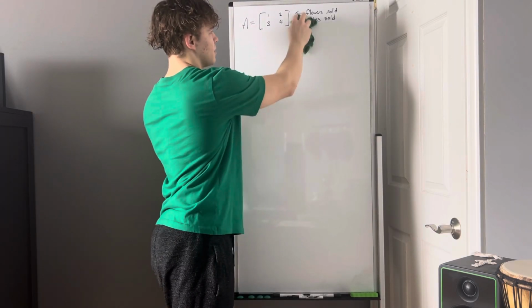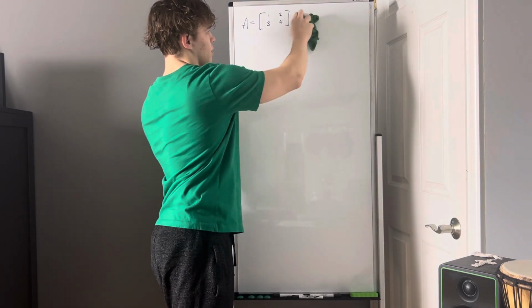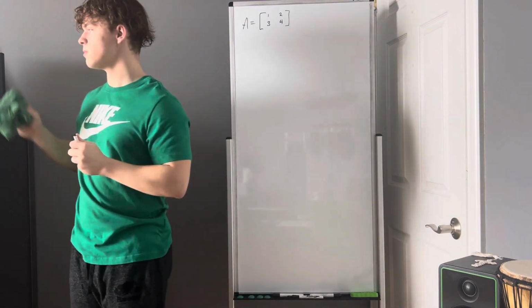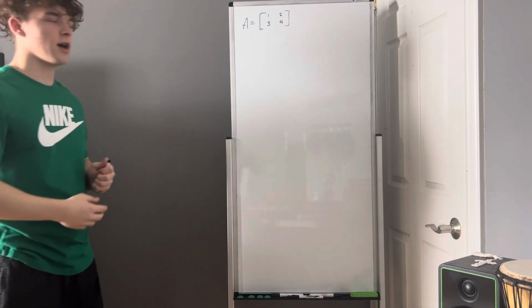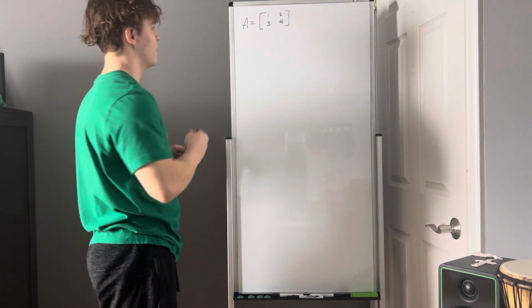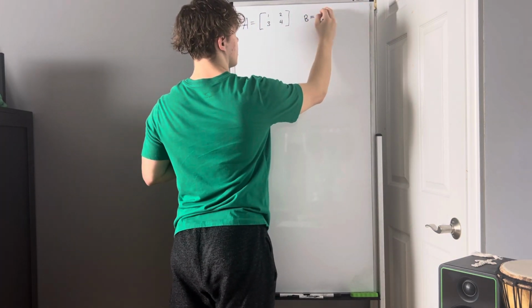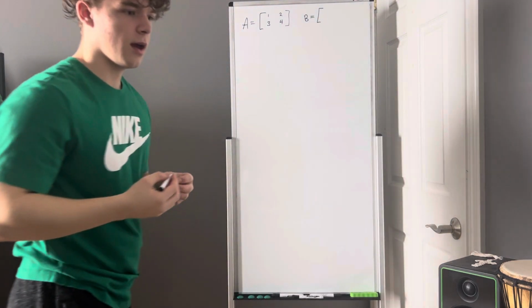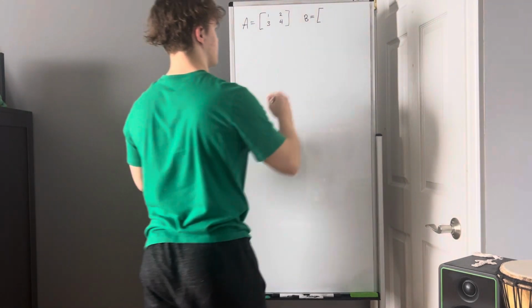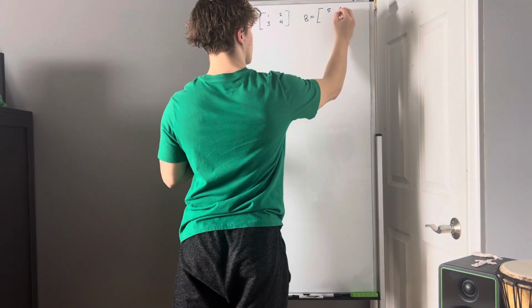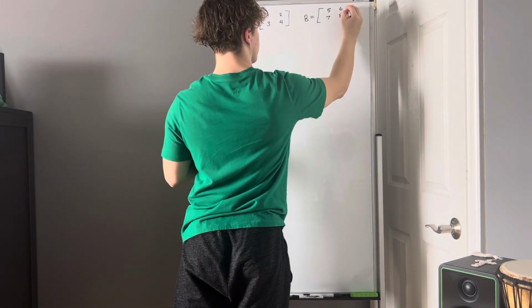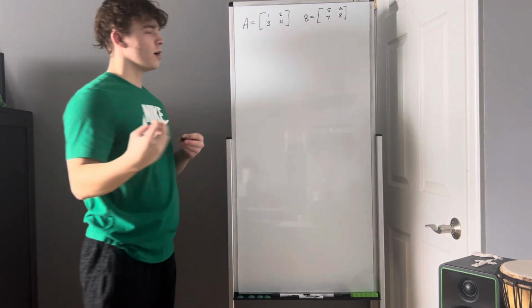But sometimes we will want to know different things. We could say we have another matrix B, and we'll call that 5, 6, 7, 8. Not very creative here, but we'll get the idea.